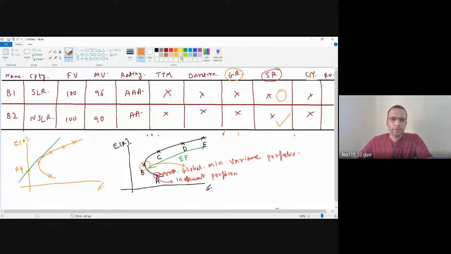Now, what we try to do is combine the risk-free asset along with portfolio A. So portfolio A is a mix of all the risky assets available in the market which I can invest in, and RF is the risk-free security, or what I can call the government security.